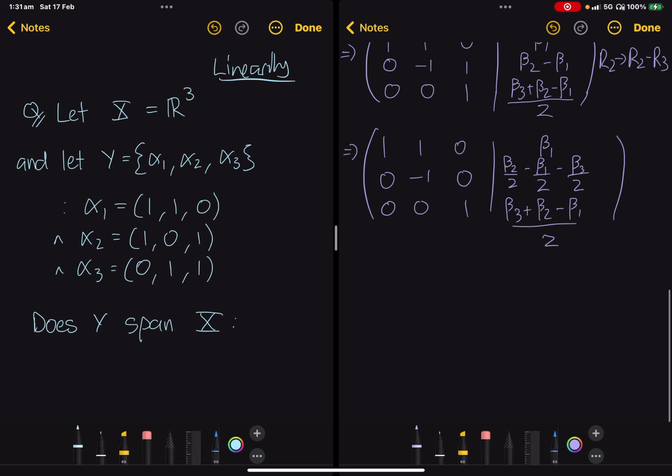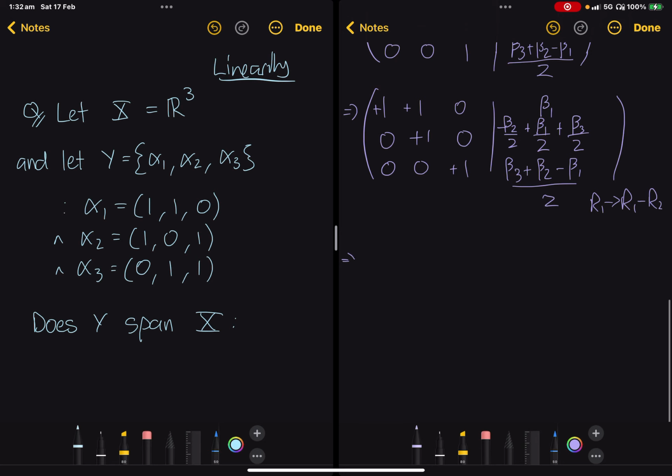And now we are going to multiply the middle row by minus 1. So these become positive, and this becomes negative. Now all we have to do is take row 1 and it becomes row 1 minus row 2. We're going to get 0, 0, 1 down the bottom, which is beta 3 plus beta 2 minus beta 1 over 2.